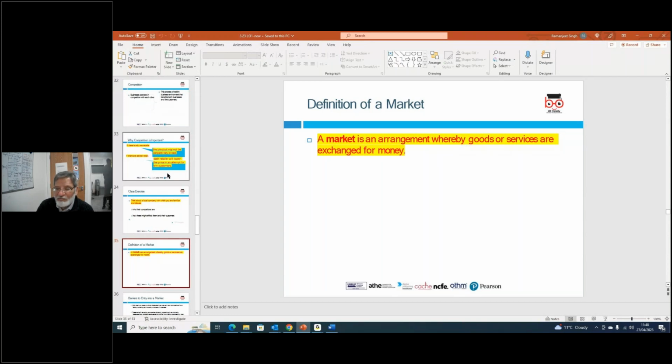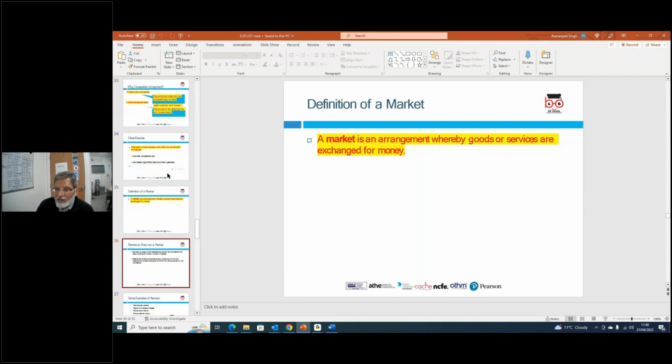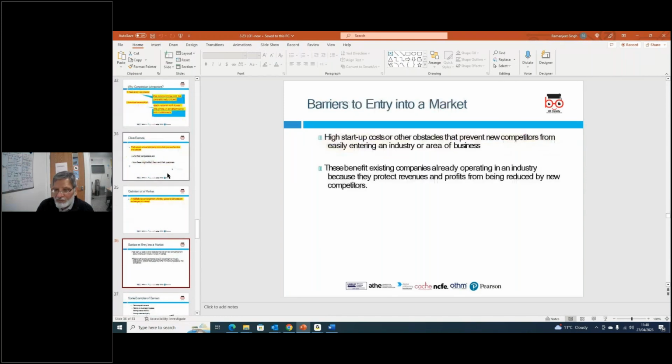So the definition of a market is an arrangement where there are a lot of businesses and people buying goods and services, and there is competition. There is competition, but the nature of competition is such that there are barriers to entry.